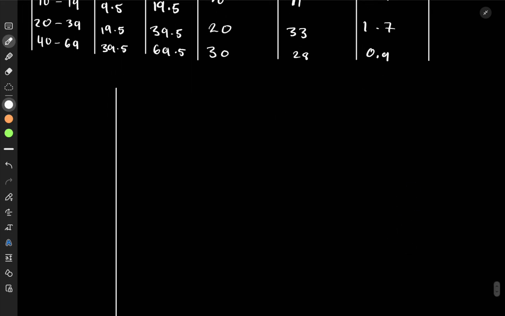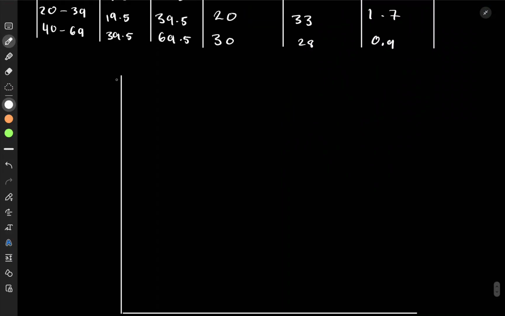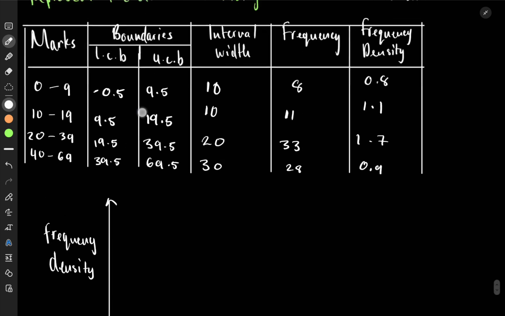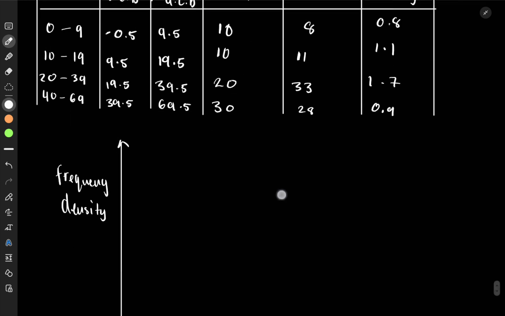Either way, you have the place to put your histogram. Remember, what goes on the y-axis is the frequency density all the time. That is why we calculate it, so that we can put it. And what goes on the x-axis is this first column, which is the marks. So in here, I'm going to have marks, going that way.